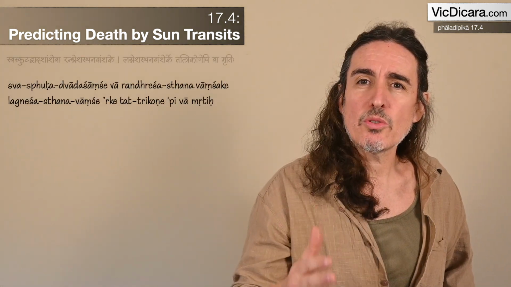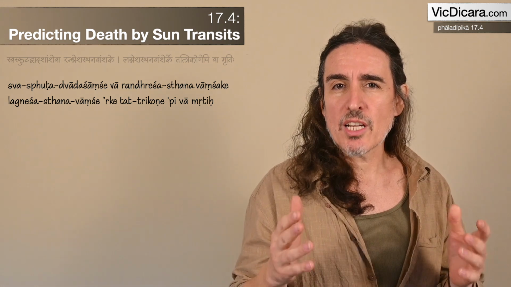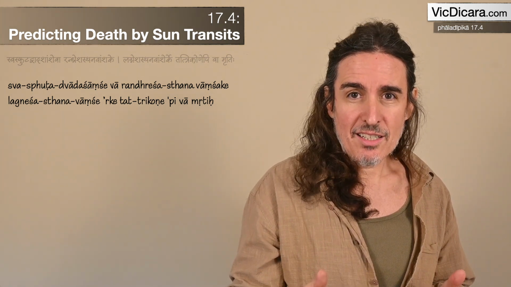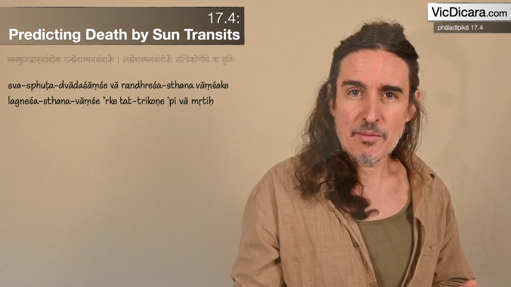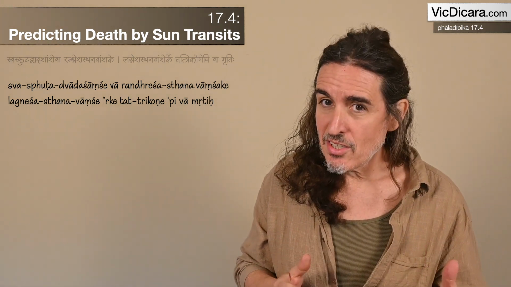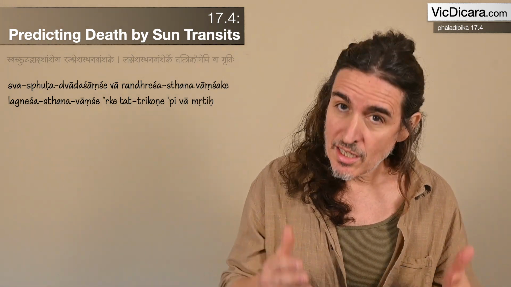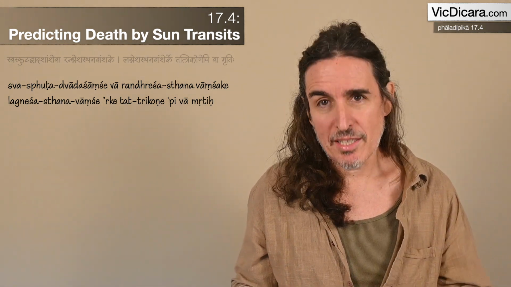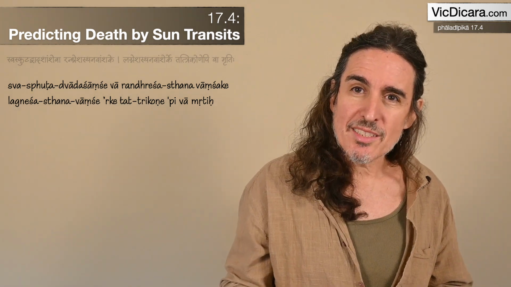So how do we do it? What does it say? Phaladeepika says, Swasputa dvadasham sheva randreshe sthana vamshake, lagnesha sthana vamsharke tat trikone piva mriti. What does all that Sanskrit mean?